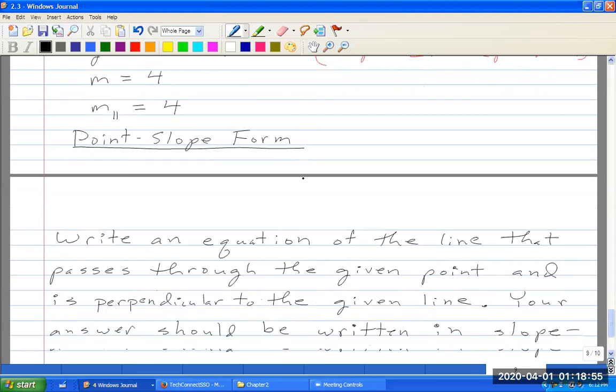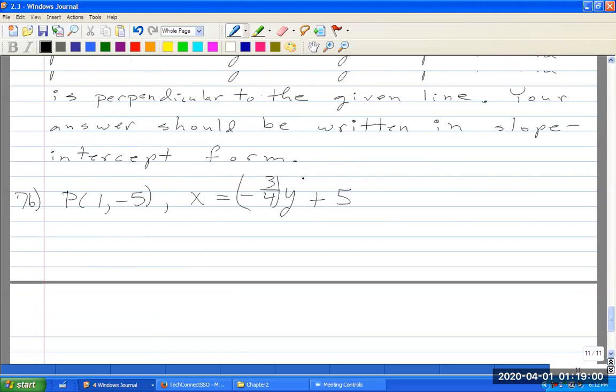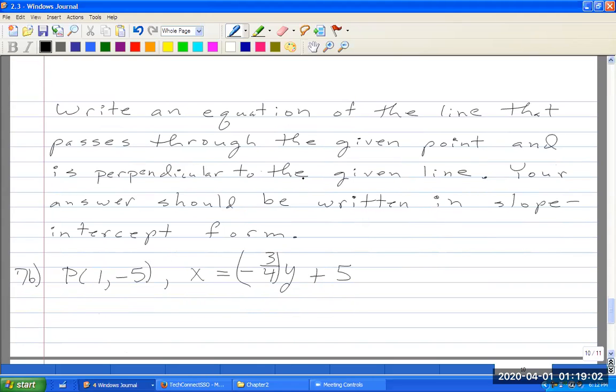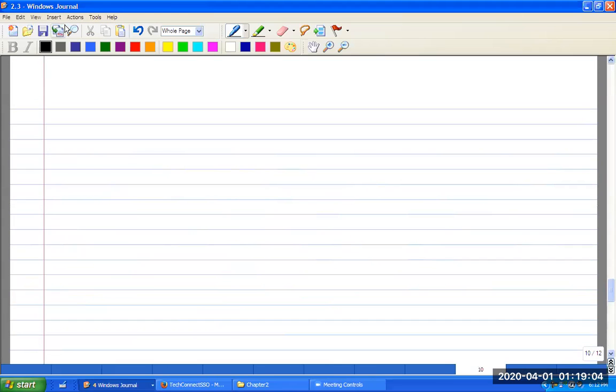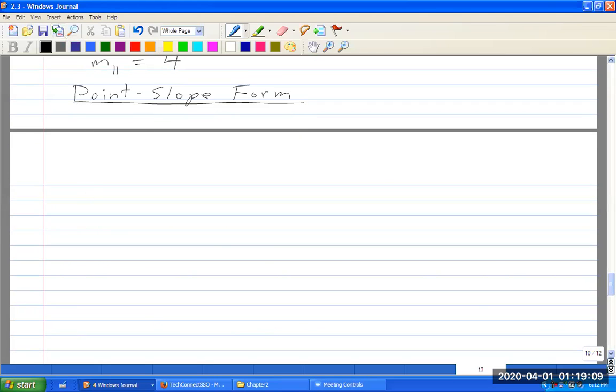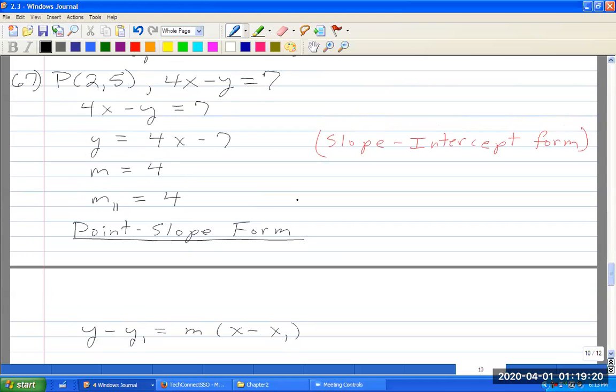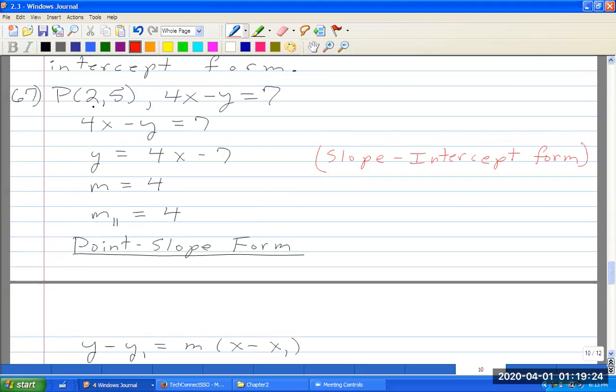And so I have y minus y1 equals m times x minus x1. Well, I know the slope is 4, and I have a point on the line, let's call it (x1, y1).